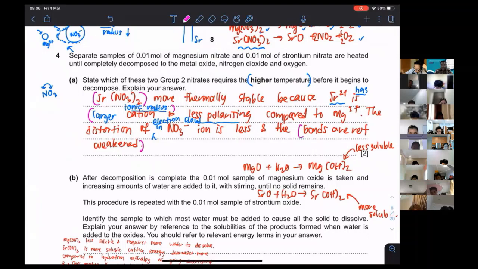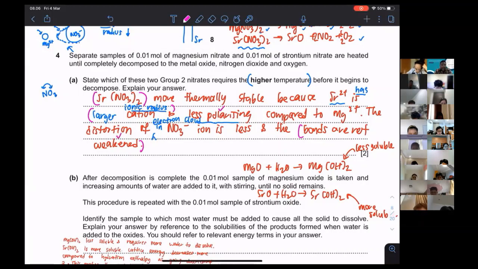Normally it will not be only 1 point; they will join them together. The terms larger ionic radius, less polarizing, and distortion must all be mentioned.